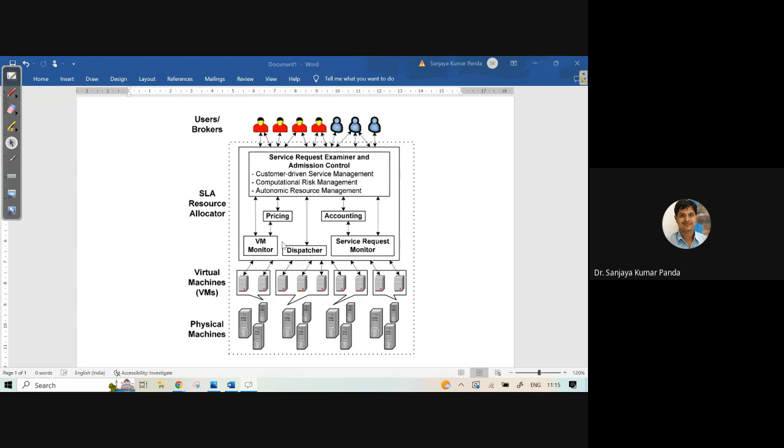Anyone? We studied different types of scheduler also in operating systems. Long term and short term. Exactly. We studied three types of scheduler actually. One is called the long-term scheduler, another is the medium-term scheduler, and another is the short-term scheduler.